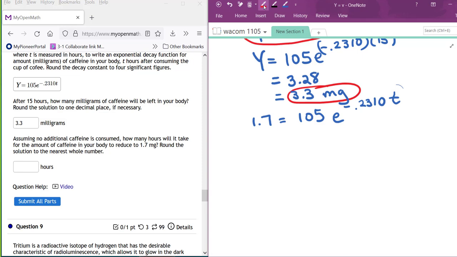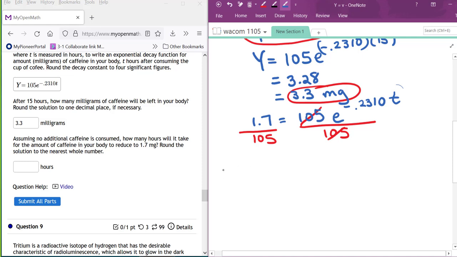I need to do something before I do that logarithm. You can't take that logarithm with this 105 on that side. So divide both sides by 105. So I'm going to just leave that for a moment, but then it will go in the calculator.